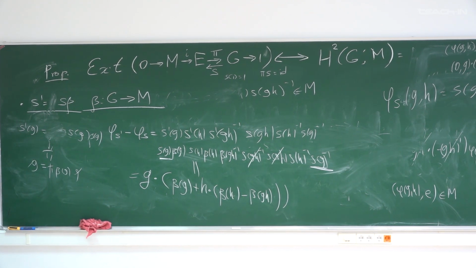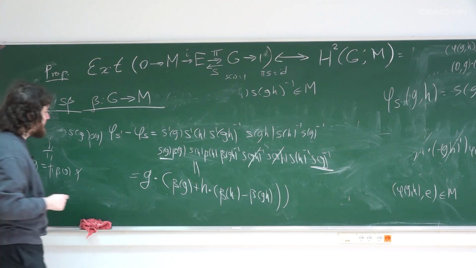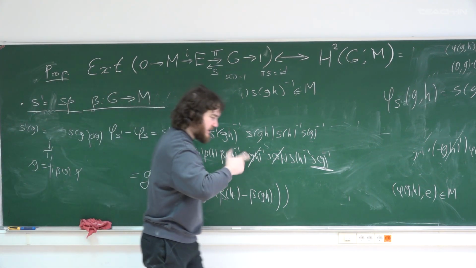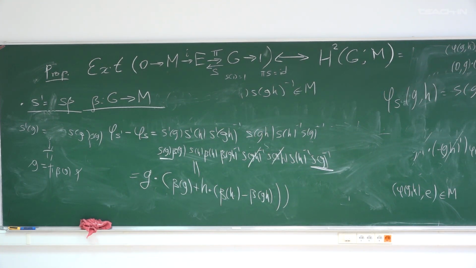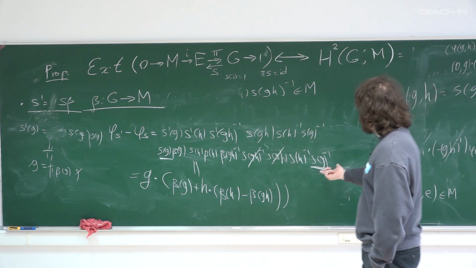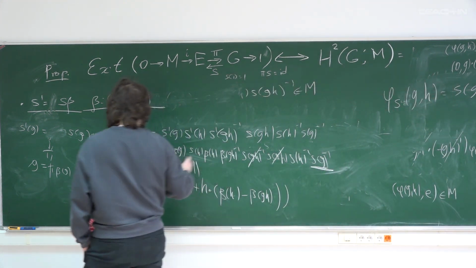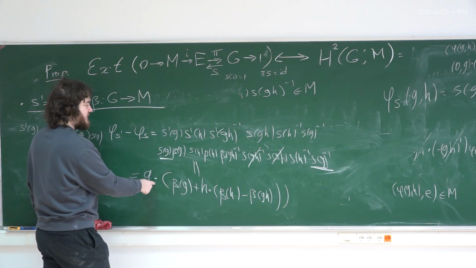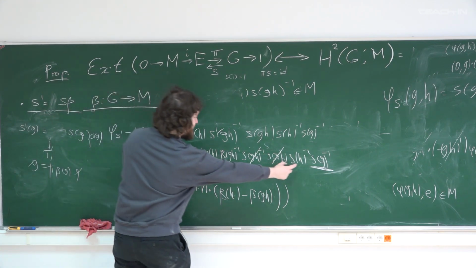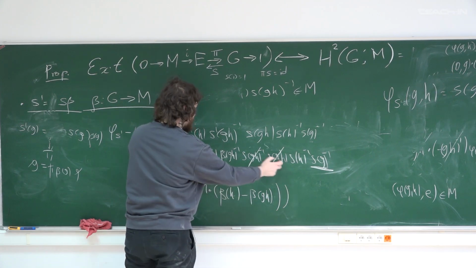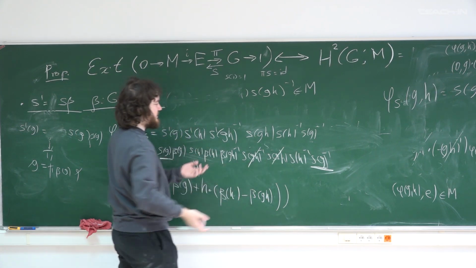I rewrite this in terms of the G action on M and addition in M. Okay? Do you agree? This is external conjugation, external G action. This is BG plus H action on this, this is BH minus BGH.